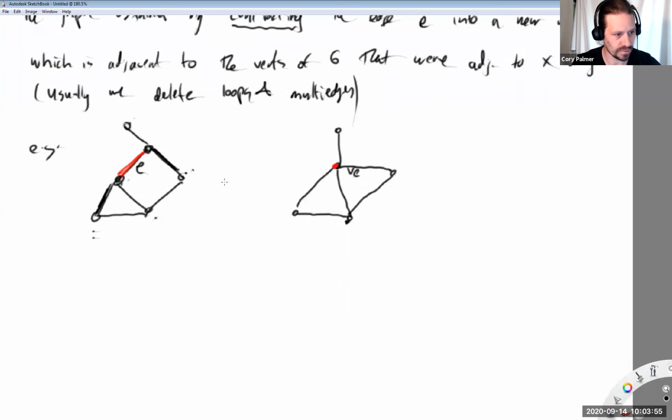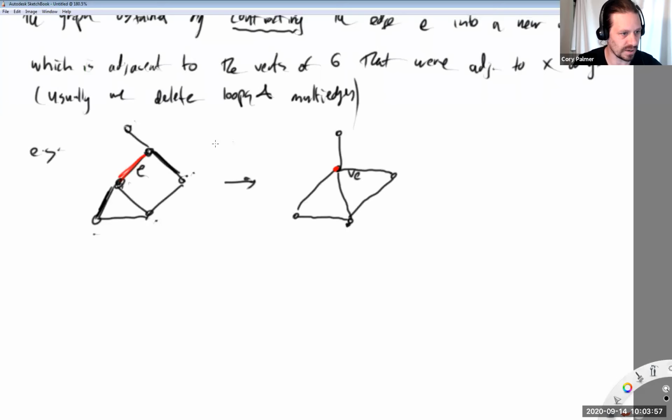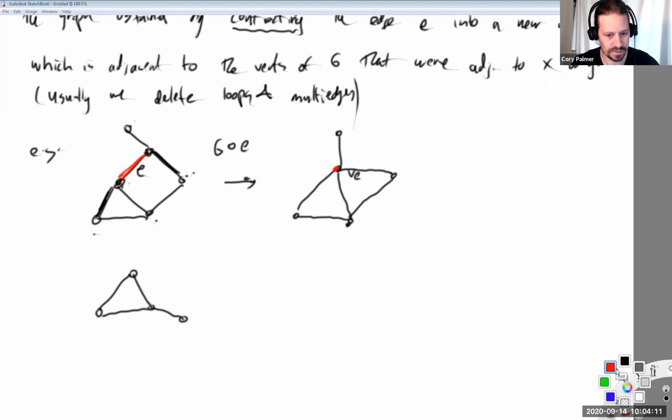Maybe some other examples are good. So this is the contraction of G along e, or G along xy. You can do either one you want. Maybe just a really simple example: a triangle with an extra edge. Let's contract along, say, this edge for now. Then you're going to get the red vertex and two other vertices.